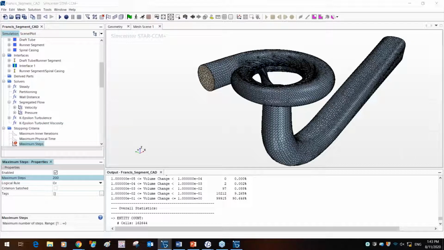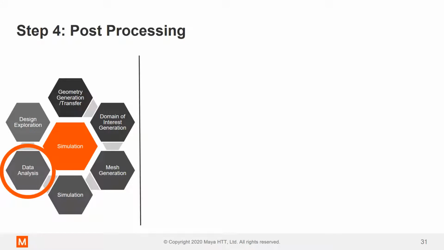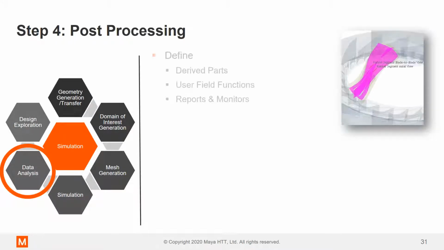And now the next portion is going to cover the post-processing capabilities. In terms of post-processing, there are three main things that we want to do. First is to define the regions or places where we want to visualize the results. That'll be through derived parts, or creating new field functions, let's say, for example, you want to create your own variable and visualize that in the domain.